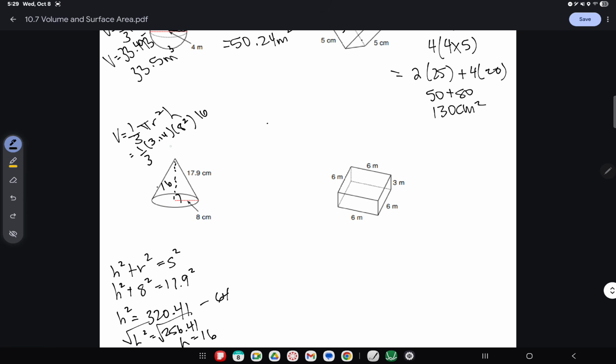So this is a really large number. I get 1071.78 and then 6 repeating. We'll just say 1071.9 centimeters cubed.